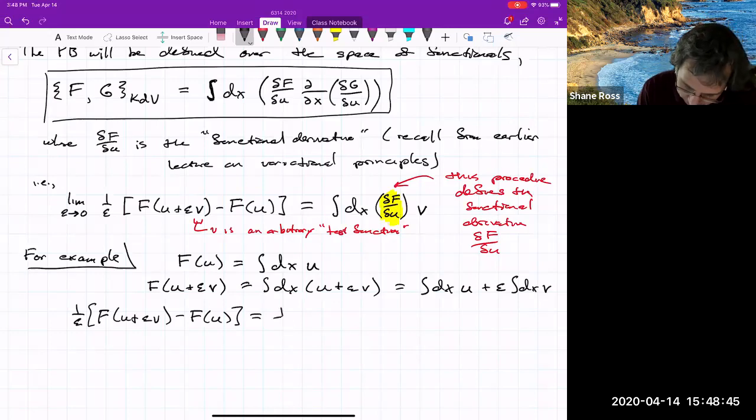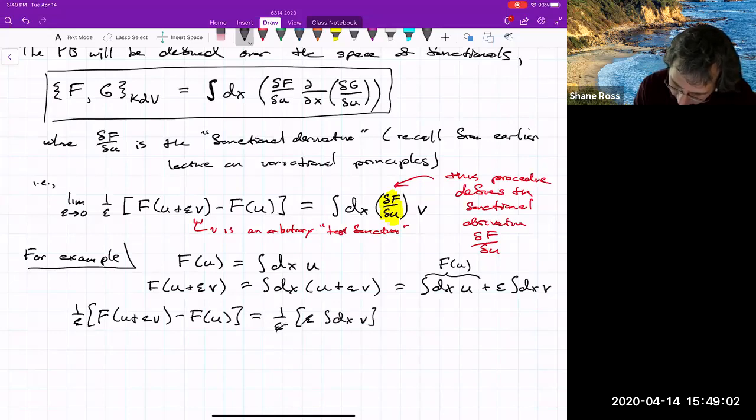Then 1 over epsilon, F of u plus epsilon v minus F of u. We'll be left with 1 over epsilon times the square bracket: F of u minus F of u plus epsilon times the integral over x of v. Notice these epsilons cancel, and we're left with the integral dx of v. And there's an implied 1.